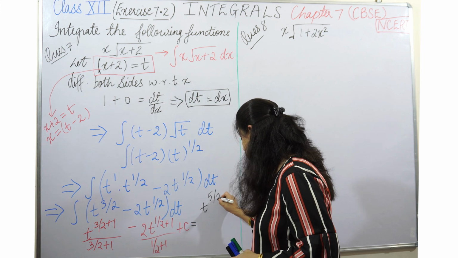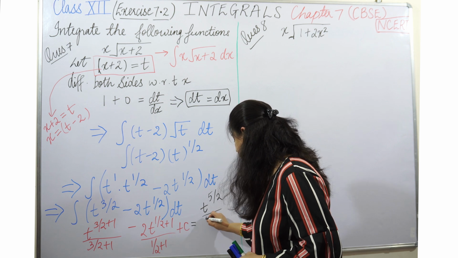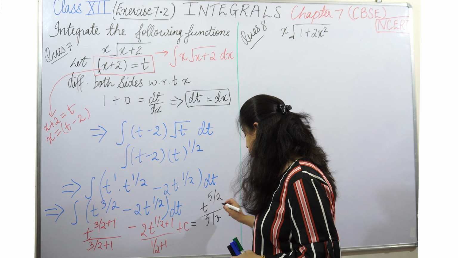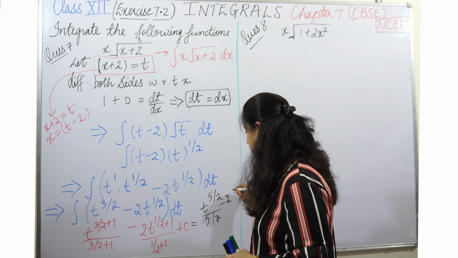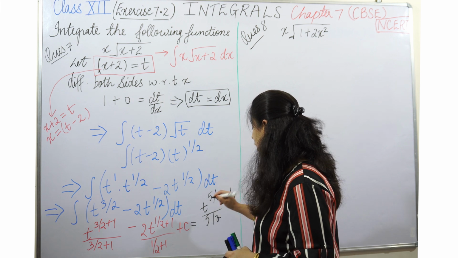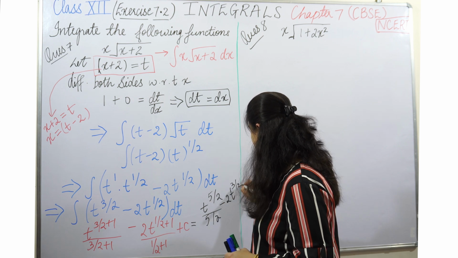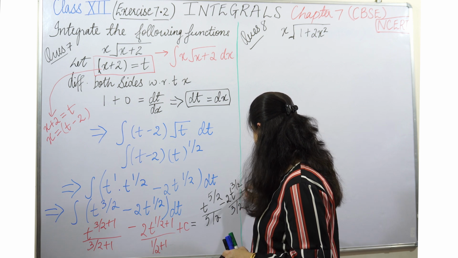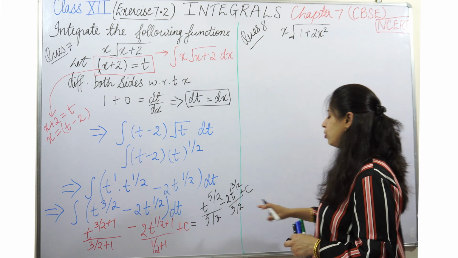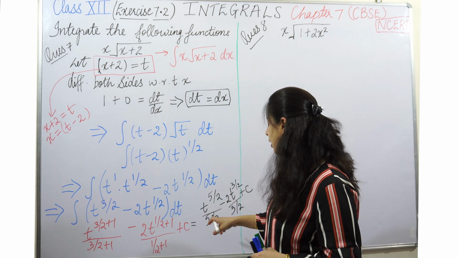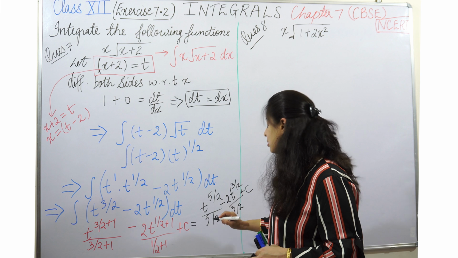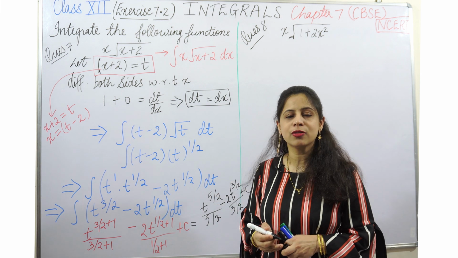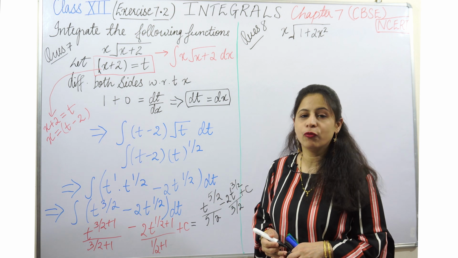So t to the power 5 by 2 upon 5 by 2 minus twice of t to the power 3 by 2 upon 3 by 2 plus c.